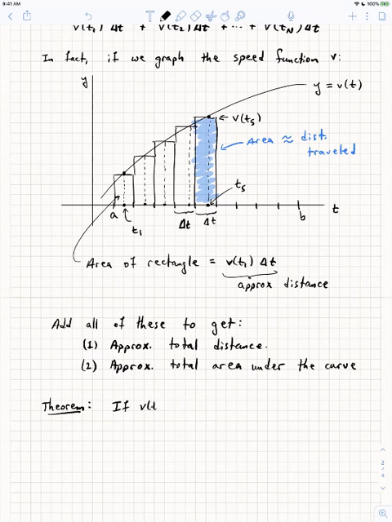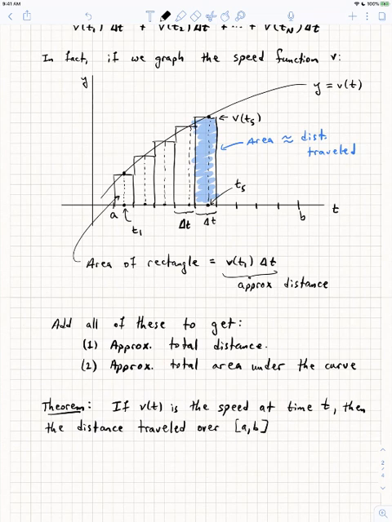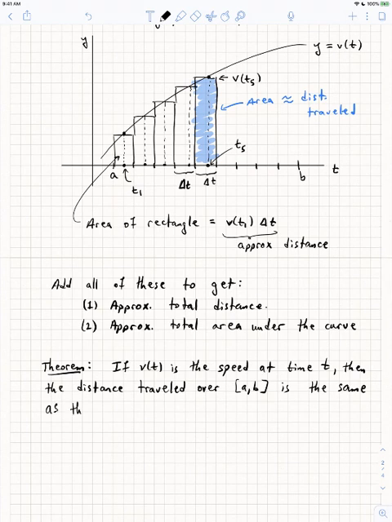If v of t is the speed at time t, then the distance traveled over the time interval from A to B is the same as the area under the curve y equals v of t over the interval AB.